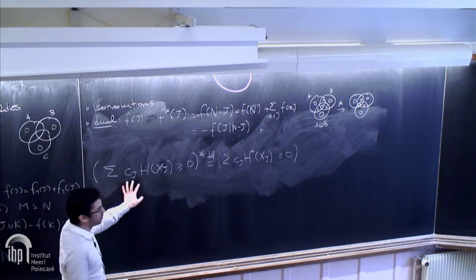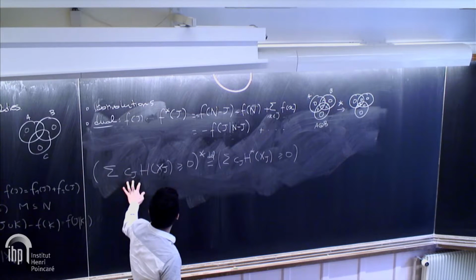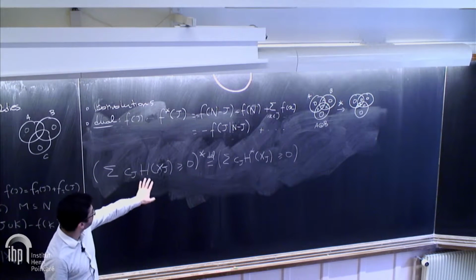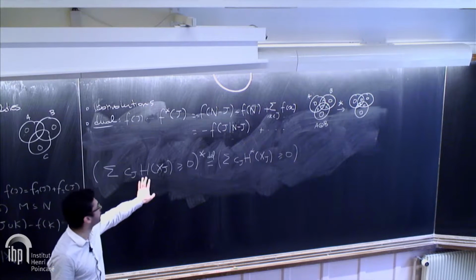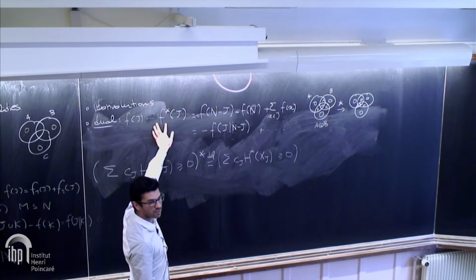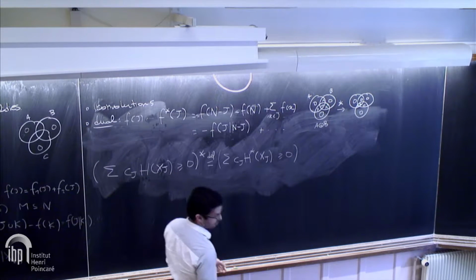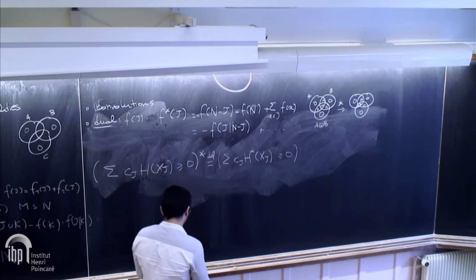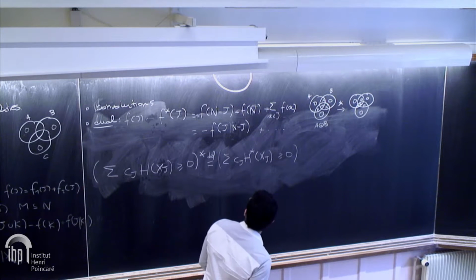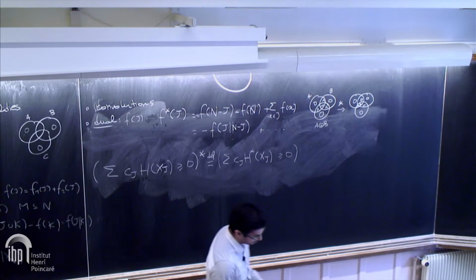So whenever I have some inequality, I will define its dual by taking the dual of every entropy term. The dual of an entropy term is just this dual. I will replace f by h. Sorry.